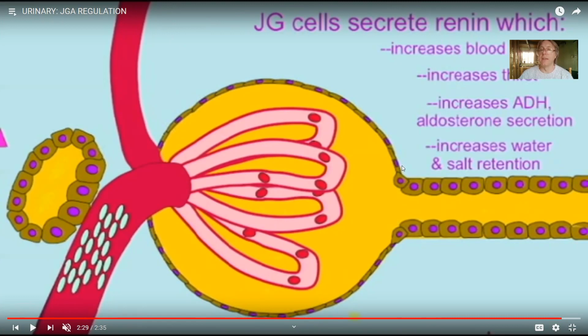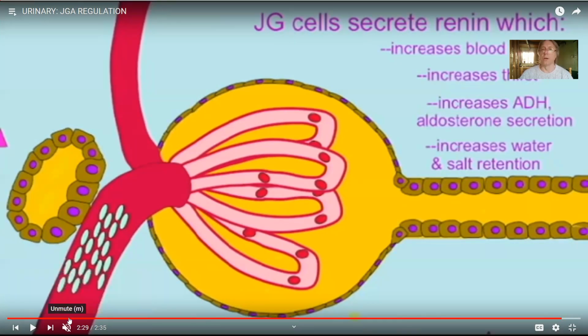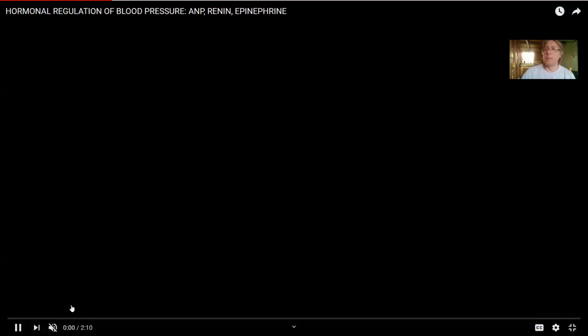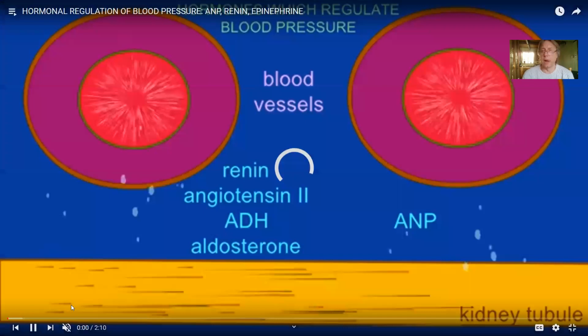And then if the reason that you were not making enough urine was that you were dehydrated, because you're thirsty, now you're more motivated to seek water out. And because ADH and aldosterone allow you to concentrate urine, you will then lose less water. So this now shows that hormones can also then regulate the glomerular filtration rate.